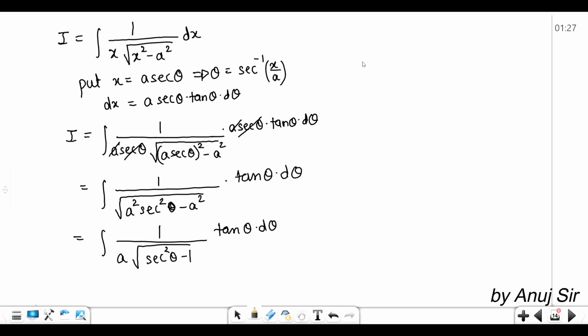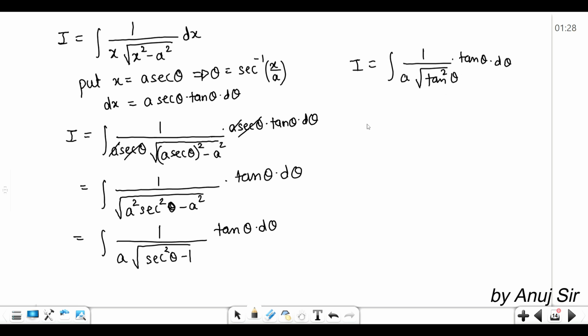So that will be the integration of 1 upon a, and the square root of sec square theta minus 1. Sec square theta minus 1 is nothing but tan square, and here it is tan theta d theta.